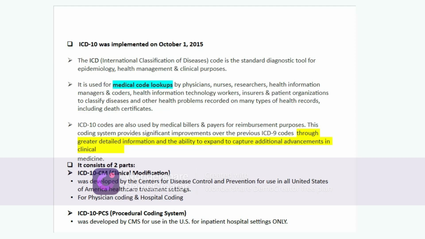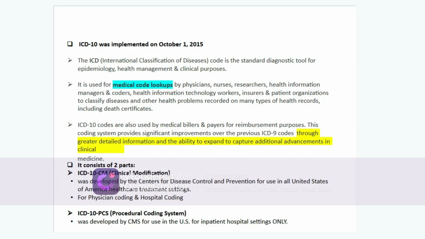ICD-10 was implemented on October 1st, 2015. The ICD, International Classification of Diseases code, is a standard diagnostic tool for epidemiology, health management and clinical purposes.